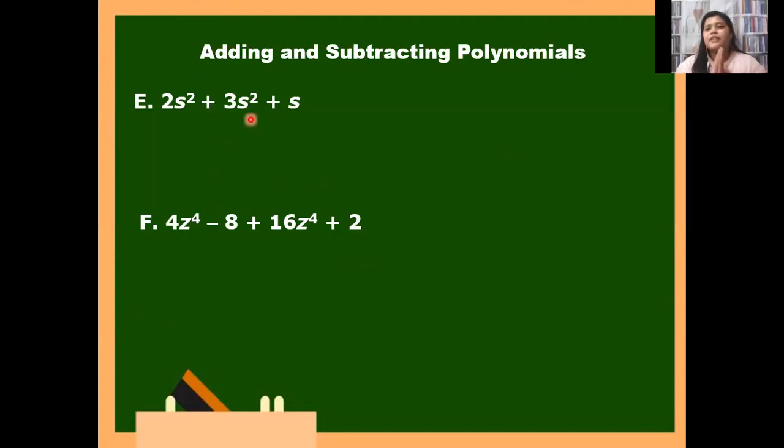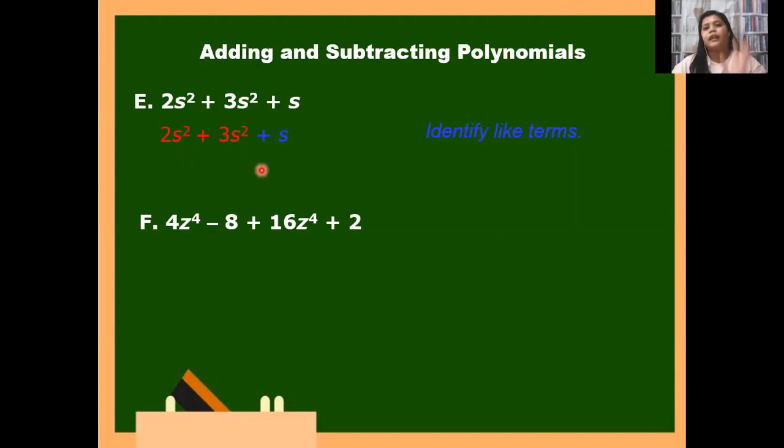Now, first things first, we need to identify the like terms. So, alin ba dyan yung magkatulad na terms? Of course, we have there the quadratic term, which is 2s squared and the 3s squared. They are the same term. And the other one is not the same as 2s squared plus 3s squared.